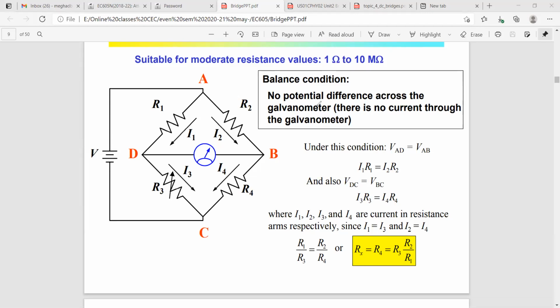You know R3, you know R1, but you don't know Rx or R4, whichever it is. So how will you write the equation? Speak up. Pooja, did you understand anything?